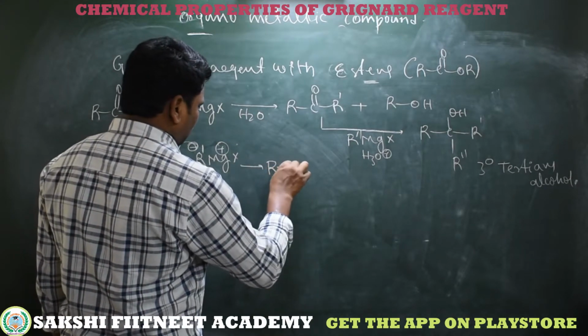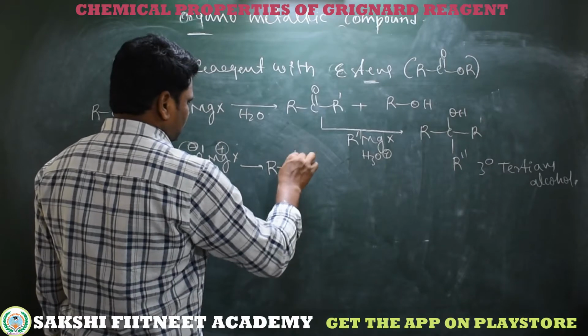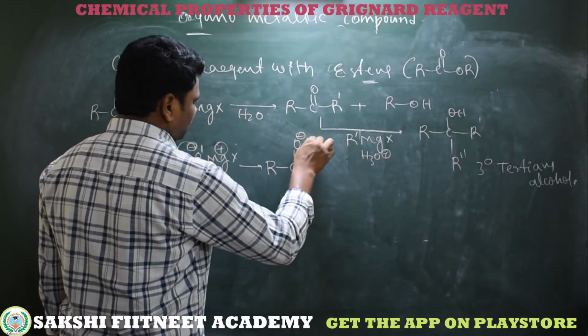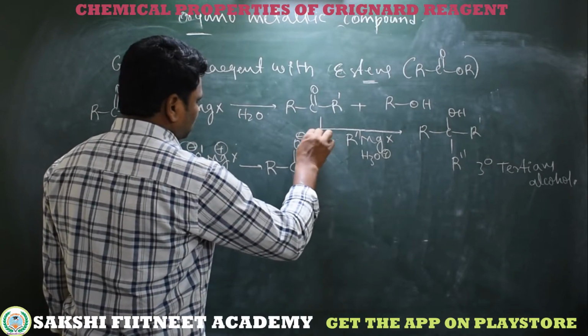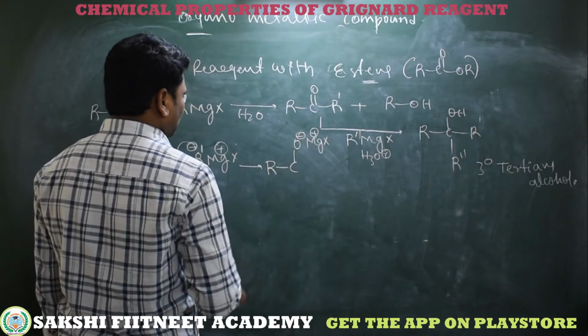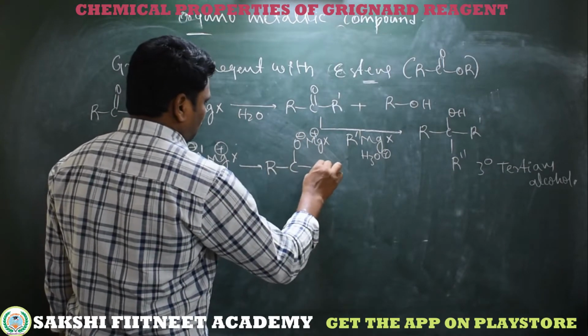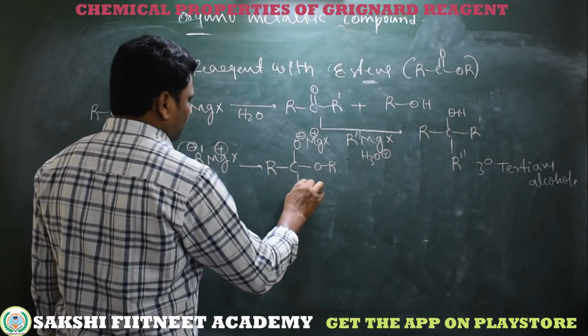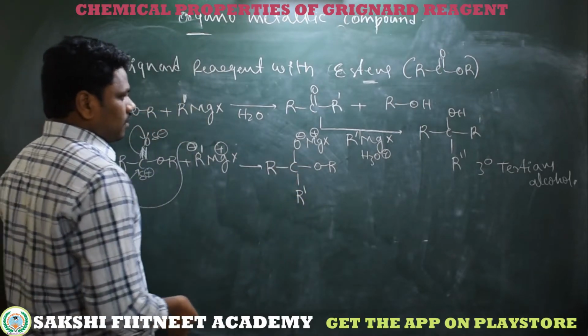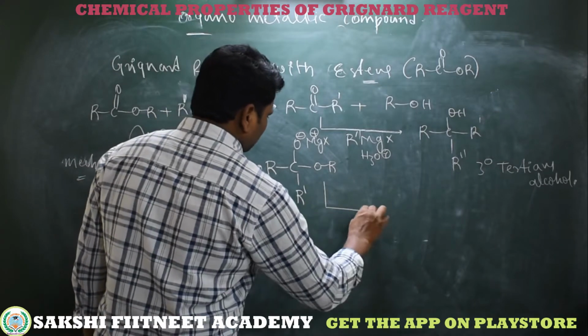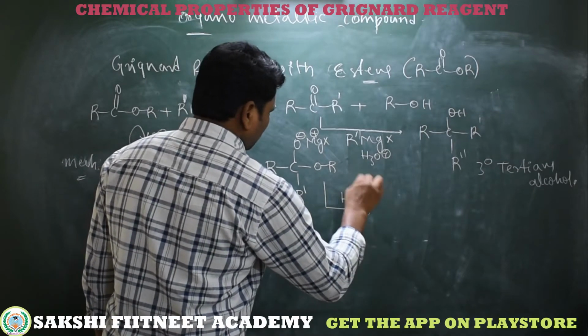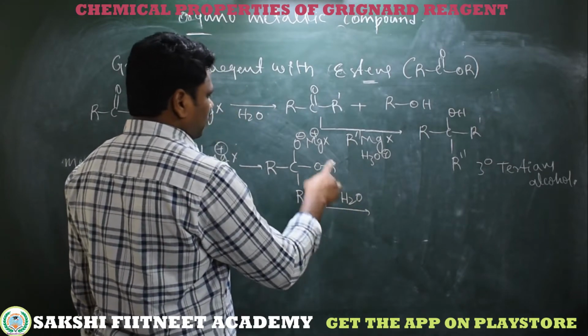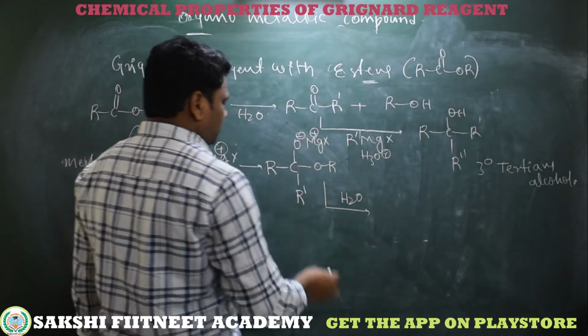So in this next step we are getting R minus, MgX plus, which is neutralized with the O minus. So here OR, and this R group is newly bonded from the Grignard reagent. Now this is on hydrolysis: H plus, OH minus. H plus here, OH minus here.